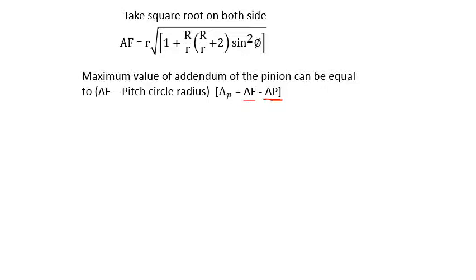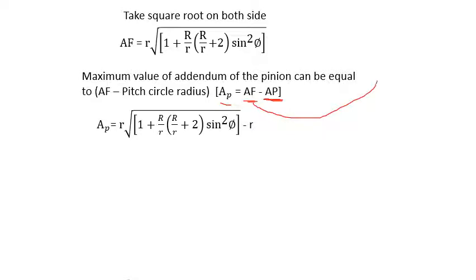Okay, maximum length of addendum minus pitch circle radius gives the addendum of a pinion. So this is the AF equation, whereas AP is nothing but small r. Therefore addendum of pinion is equal to the AF equation minus radius of a pitch circle.